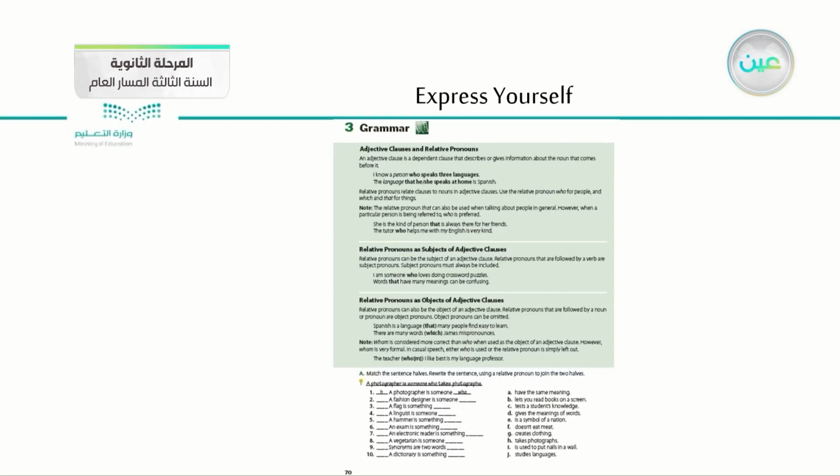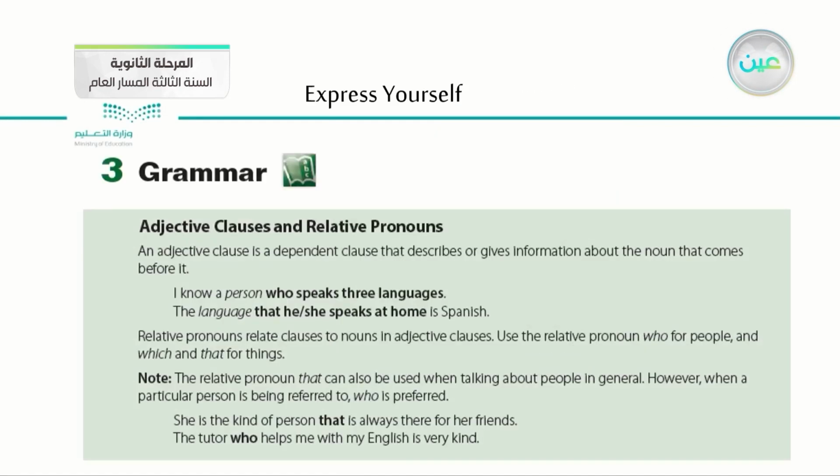We've had a lesson on page 70, which is grammar, and it was divided into 3 parts. In the first part, we have learned some of the concepts like the adjective clauses and relative pronouns. We said that the adjective clauses are the clauses or parts of sentences that modify or explain the noun that comes before it.